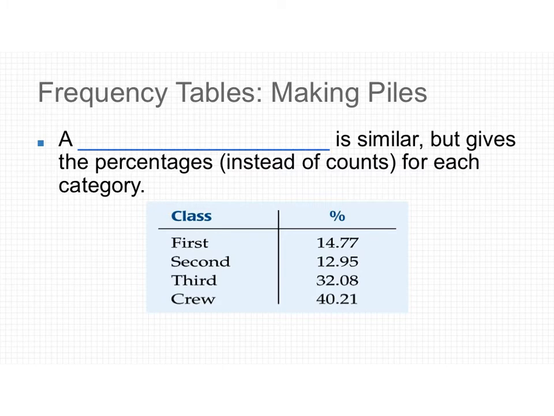A blank, again, you'll find this in your reading, is similar but gives the percentages instead of counts. So you can see here, now instead of just raw numbers, it's a percent breakdown of what those mean. The way we get percent was we took the value and divided it by the total, just as a refresher.